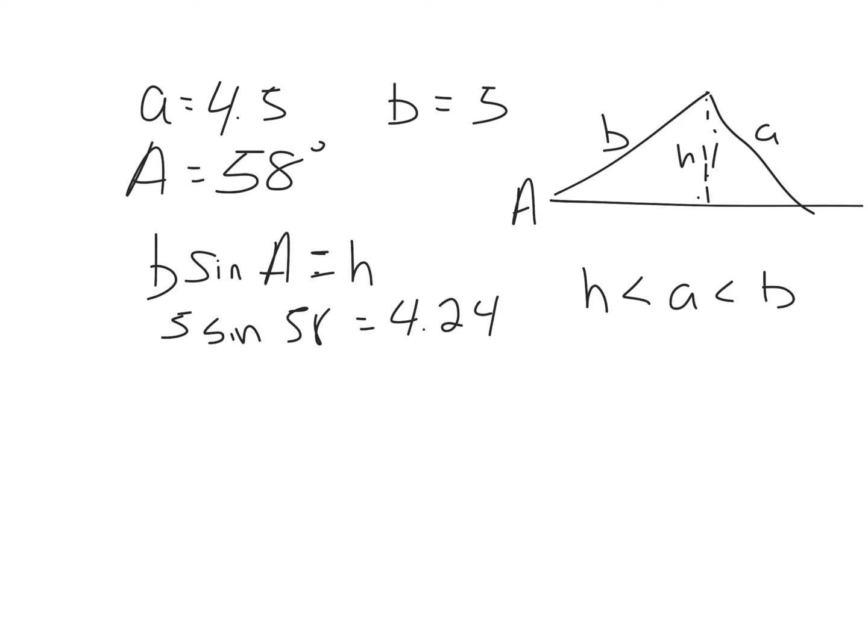Because since H is smaller than both those, I'm going to use a different color marker here, that means not only can capital A be right there technically, it can also potentially be right here. So there's two different triangles it can potentially be because of the given dimensions and information given to you.